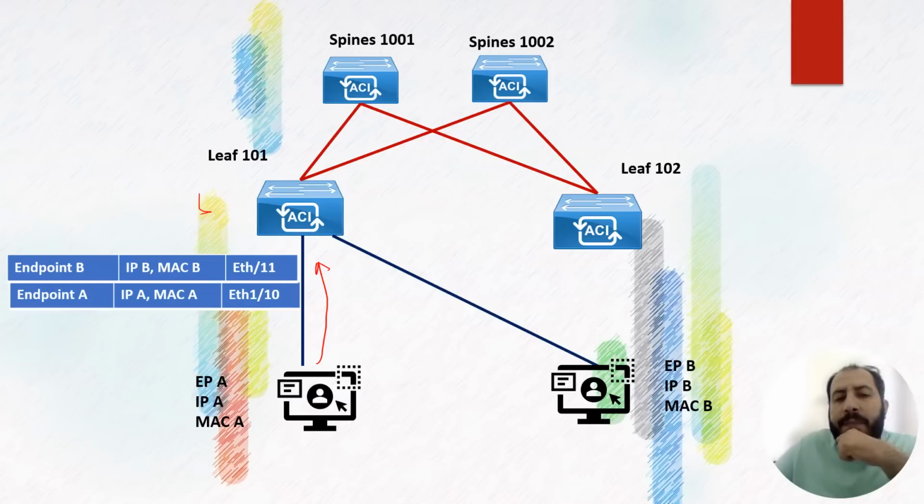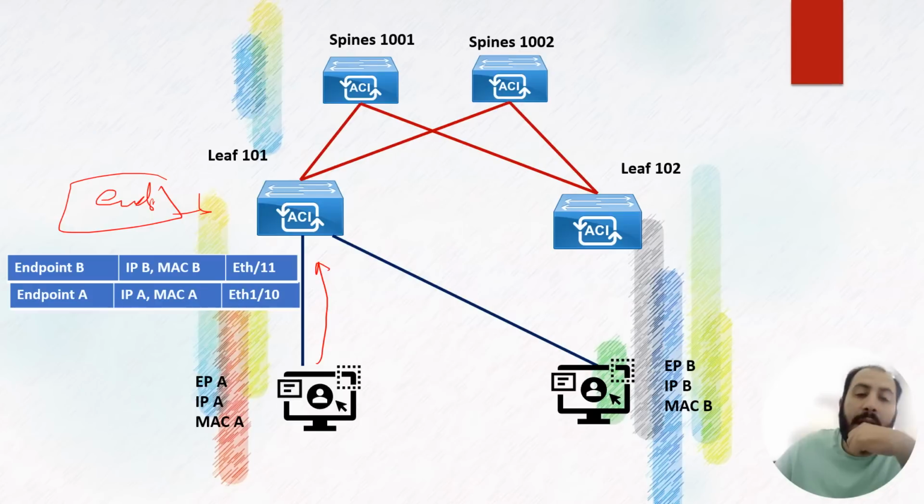The leaf will inspect its endpoint table, and by the way, the endpoint table will be inspected either for layer 2 communication or layer 3 communication. And don't forget that we have mentioned that we have a pervasive gateway on all of our leaf switches.